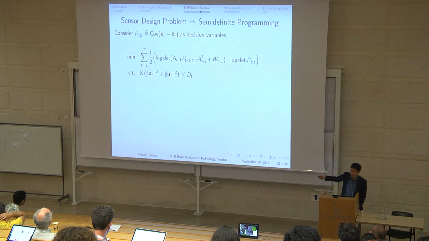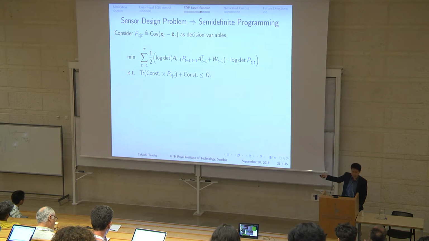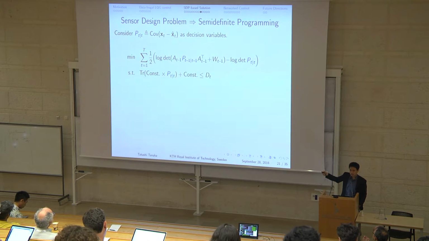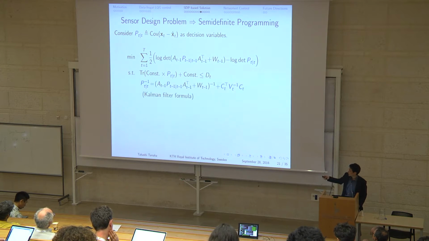And if you're familiar with optimal control, LQG control theory, we know that the best control cost can be written as a linear function of P, like this. And since this is an estimation covariance matrix, and this is dependent on your sensing strategy, this evolution must satisfy this equation, which is nothing but a Kalman filtering formula.